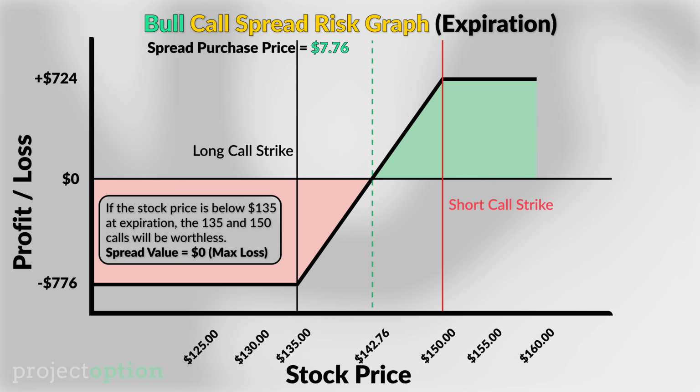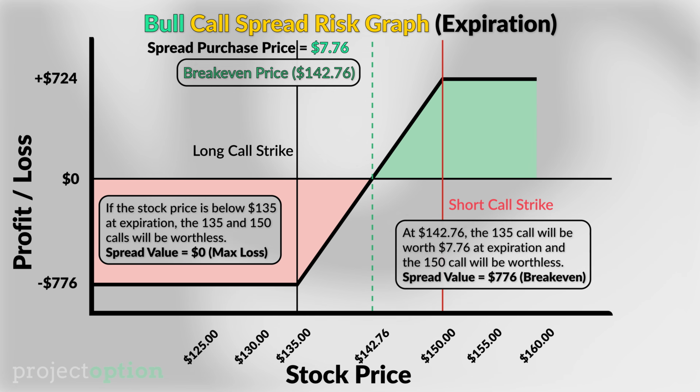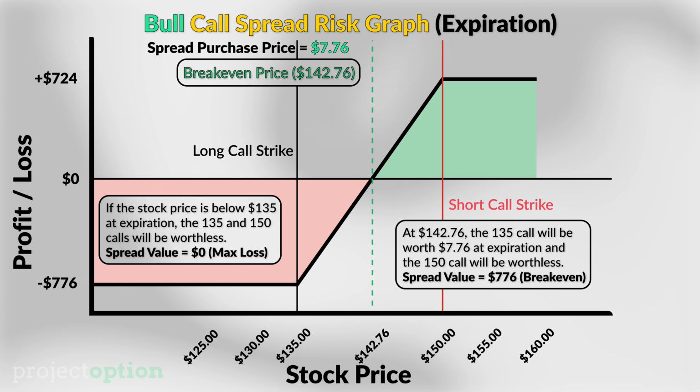The break-even price of this call spread is $142.76 at expiration, and that means if the stock price is at $142.76 at expiration, the 135 call option will have intrinsic value of $7.76, but the short 150 call will have $0 of intrinsic value, and therefore the net value of the spread would be $7.76, which is the same as the entry cost. And therefore, the position will not have a profit or loss if the stock price is exactly at $142.76 at the time of expiration.